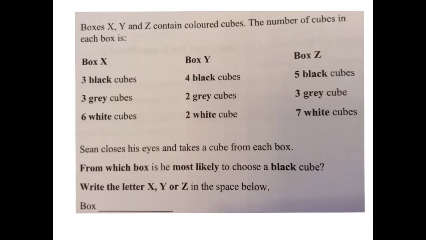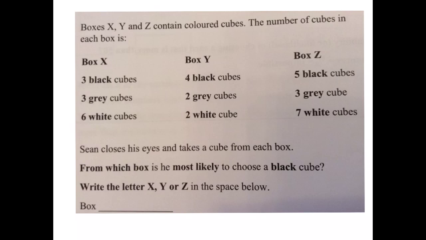Boxes X, Y, and Z contain coloured cubes. The number of cubes in each box is shown here: what's in X, what's in Y, and what is in Z. Sean closes his eyes and takes a cube from each box. From which box is he most likely to choose a black cube? Well, let's go through it.